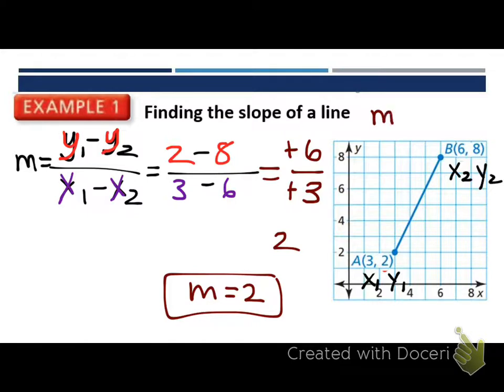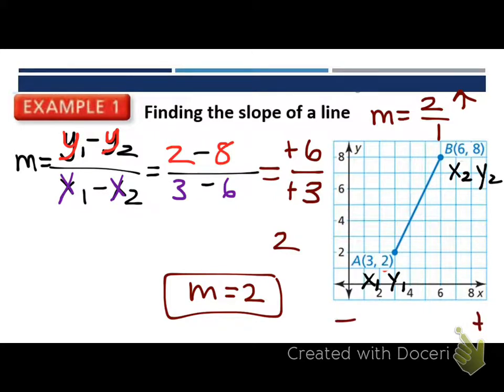So remember that slope is rise over run? This is a whole number. What is invisibly under all whole numbers? 1. So when we say rise over run, this is a positive 2 and a positive 1. So rise, I'm going to rise 2, a positive 2. Is that up or down? Up. And then I'm going to run is positive 1. Remember that when we run, we're going left or right. Left is negative and right is positive.